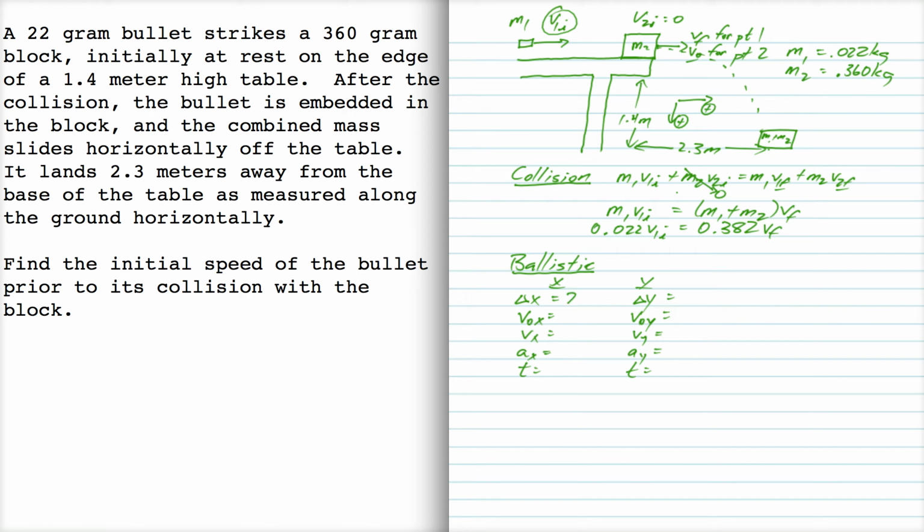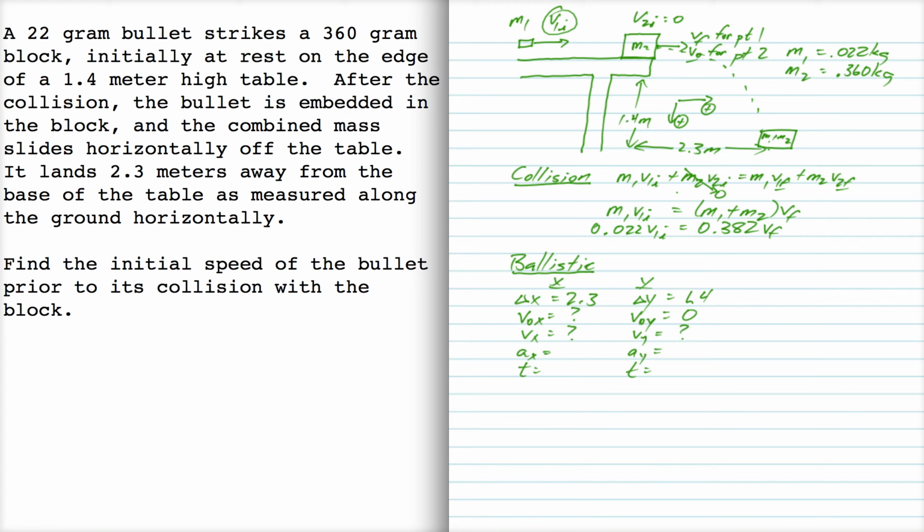If that's the case, then delta x is 2.3, delta y is 1.4. The initial x velocity is, I don't know. The initial y velocity is 0 because it's initially moving horizontally. Final x velocity, I don't know. Final y velocity, I don't know.